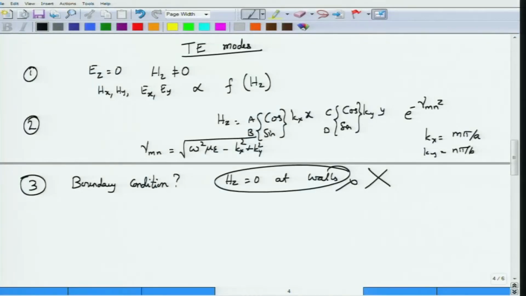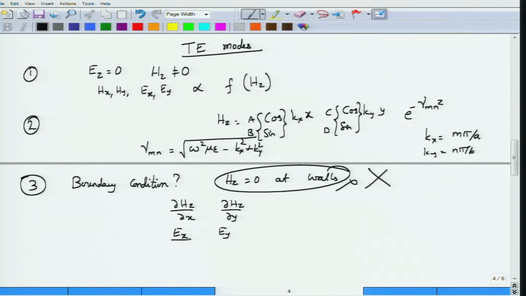So what do we do? Here we need to either resort to a formal solution of Hz, write down the appropriate Maxwell curl equation and then find a new boundary condition for Hz, or we might recognize that del Hz by del x and del Hz by del y must somehow be related to Ex or Ey, correct?